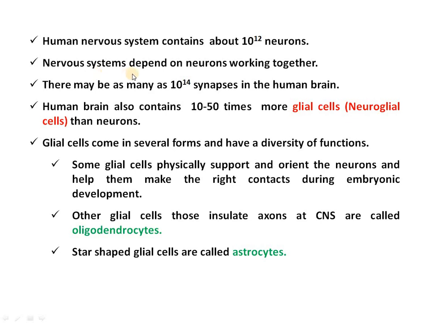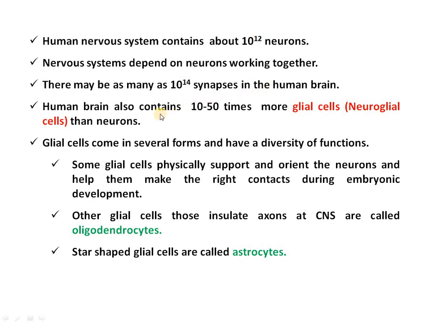The activity actually depends on the neurons working together. If the neurons do not work together, the overall activity of the nervous system will be hampered. There are many synapses, around 10 to the power 14 synapses in the human brain.